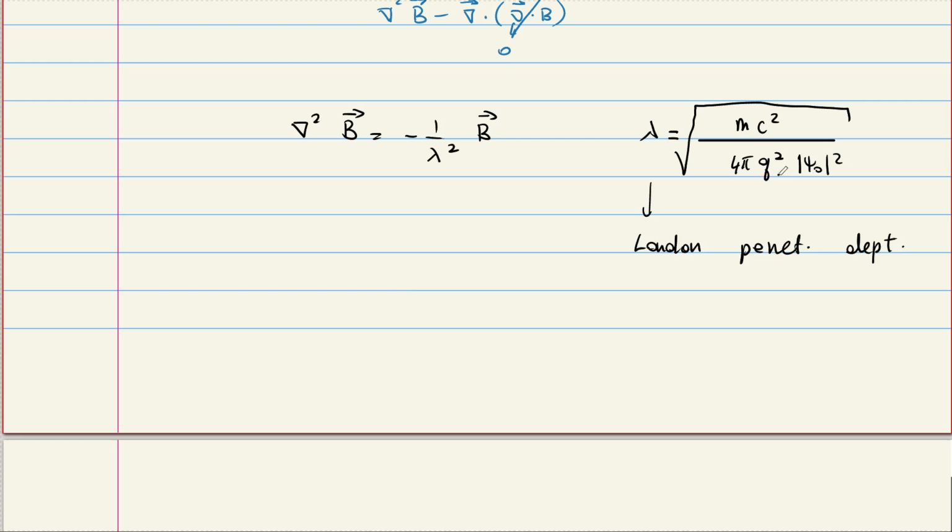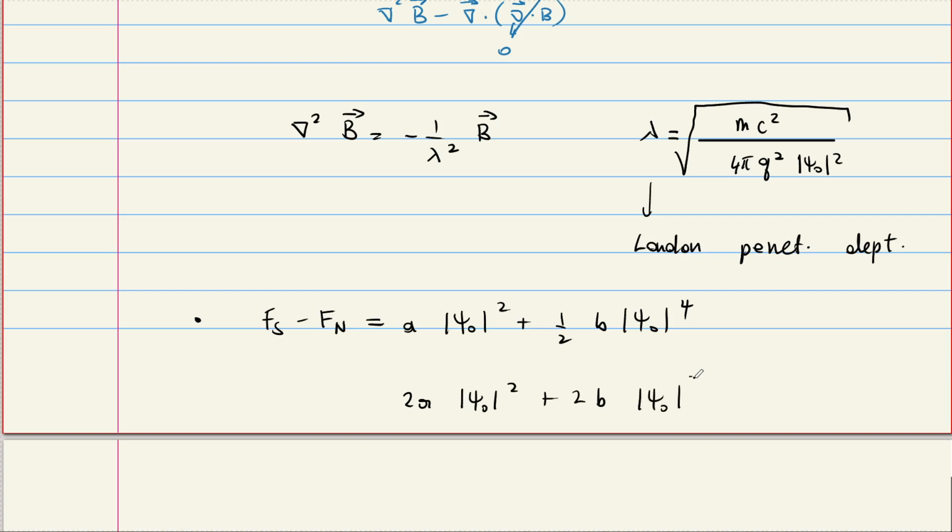Now, how do we find psi 0? We find psi 0 from the bulk superconducting free energy, and it is something like that. Fs minus F normal is equal to A psi 0 squared plus 1/2 B psi 0 to the 4th. And we take the derivative, like 2A psi 0 plus 2B psi 0 cubed, and set it to 0.